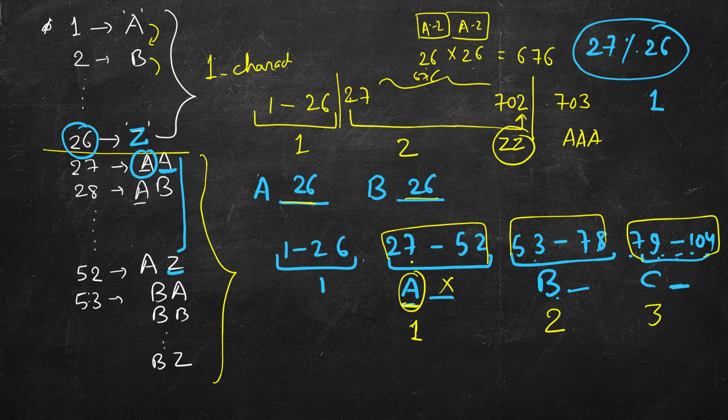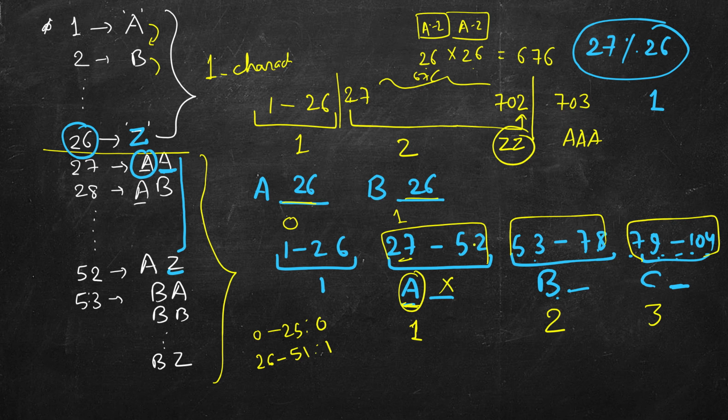So let's see how we can do that. If you divide this by 26, what do you get? You get 1 point something. So this is 1, but this is 2. In fact, if it's less than 26, it's 0. So 0 to 25, it's 0. From 26 to 51, it's 1. So this is offset by 1. In fact, we want 27 to 52 to be of the same digit, so this should be mapped to 1.